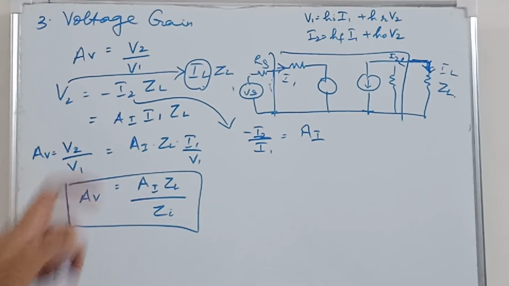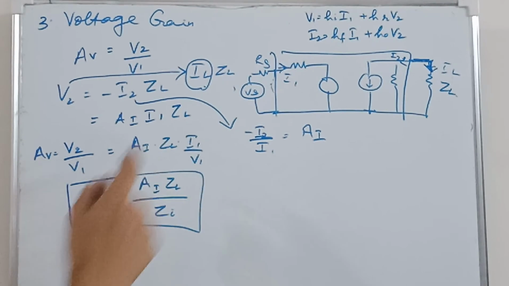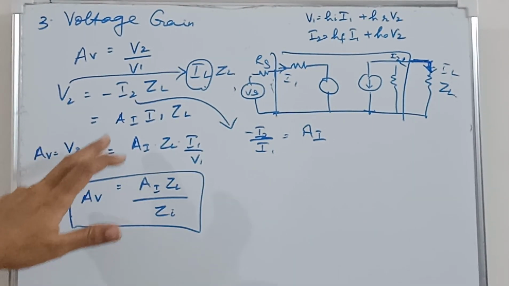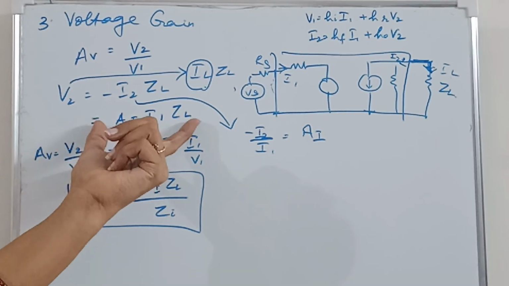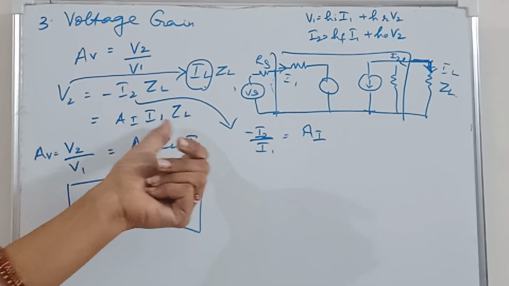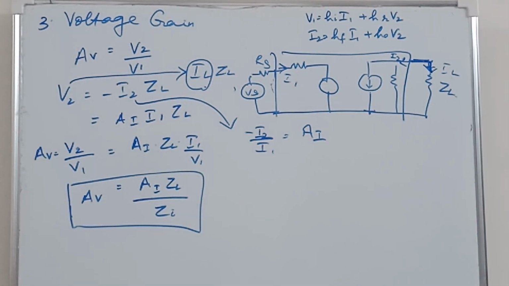So substituting this, we will get AI into I1 into ZL instead of I2. V2 by V1 is this whole equation divided by V1, so AI into ZL into I1 by V1. I1 by V1 is nothing but 1 by input impedance. So AV is AI into ZL by Zi.